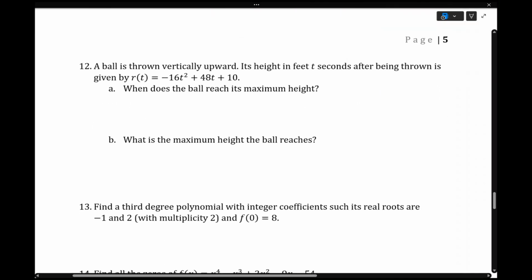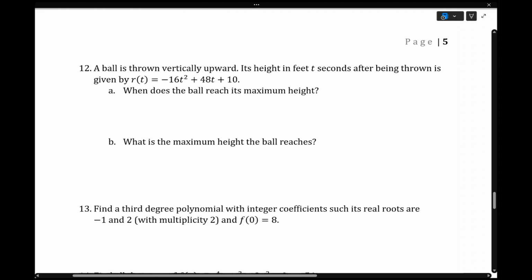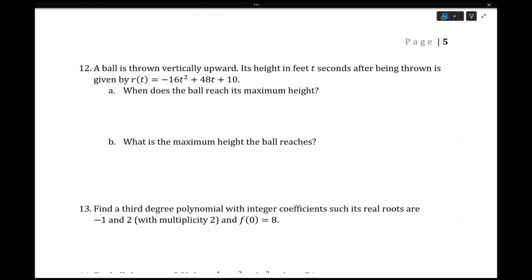All right, let's do an application. Quadratics are often used to model vertical motion. So if a ball is thrown vertically upward, its height in feet t seconds after being thrown is given by that quadratic. When does the ball reach its maximum height? Well, it comes at the vertex of the polynomial, which always happens at negative b over 2a.